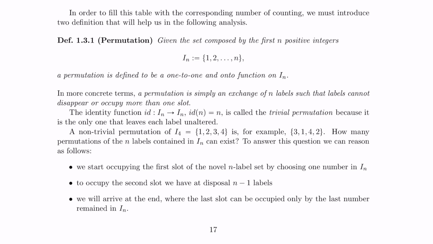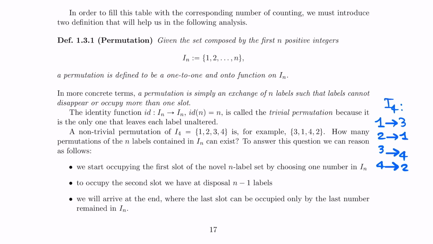The identity function on I_n, that is, the function that takes n as input and gives n as output, is of course a permutation, the easiest possible permutation, and for this reason is called the trivial permutation.